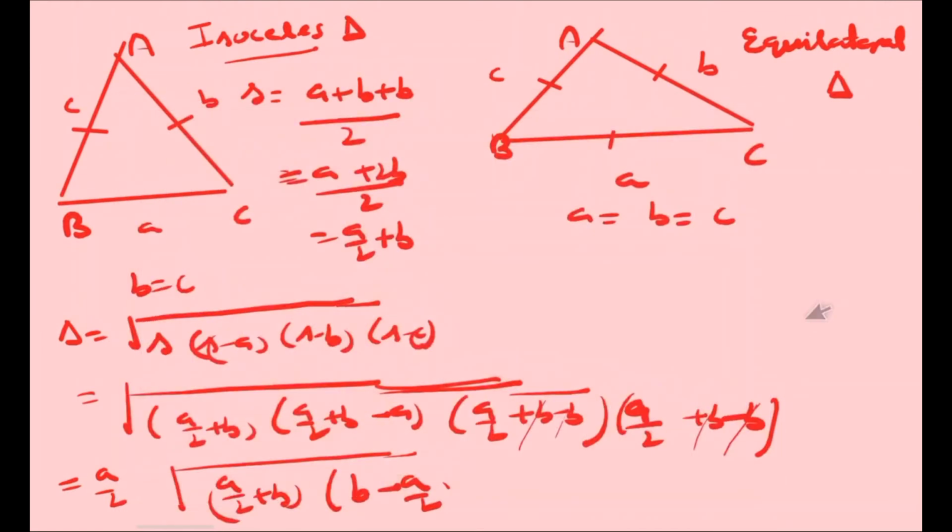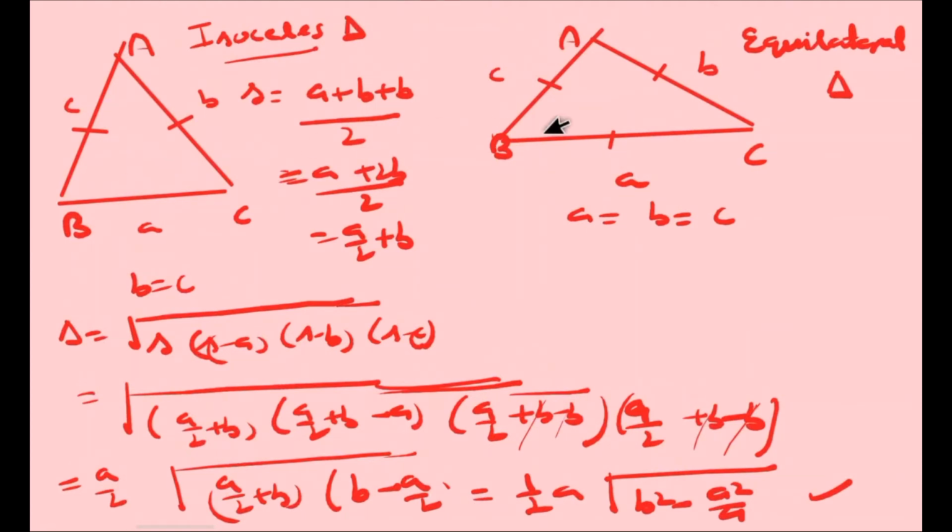Okay, so we can find the formula: half a under root. In algebra we already know this formula, then we can write here b square minus a square by 4. Using this formula we can find directly the area of this isosceles triangle.